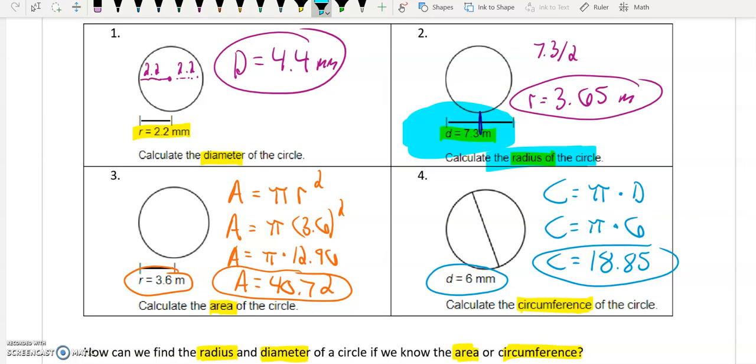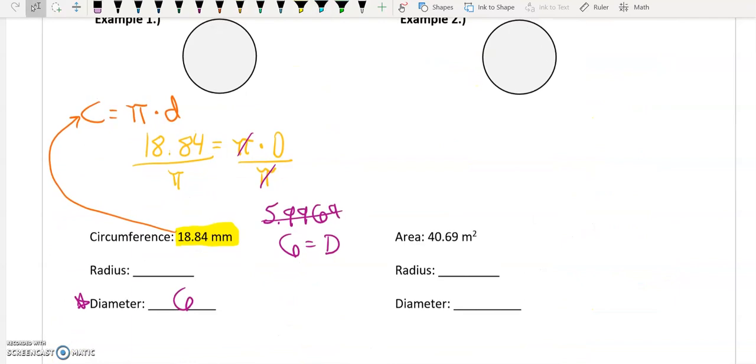I just want half of that in order to find radius. So half of 6 would be 3. That's my radius. So you use the formula to find either diameter or radius right off the bat. Then once you have diameter, you can backtrack and find radius.